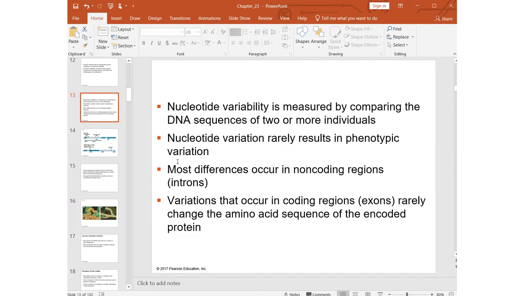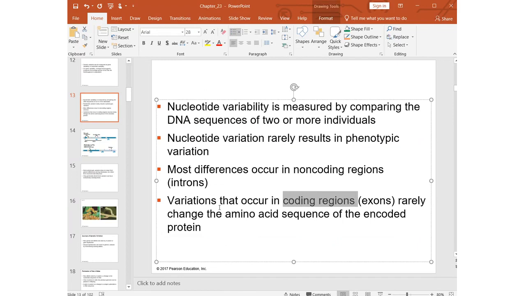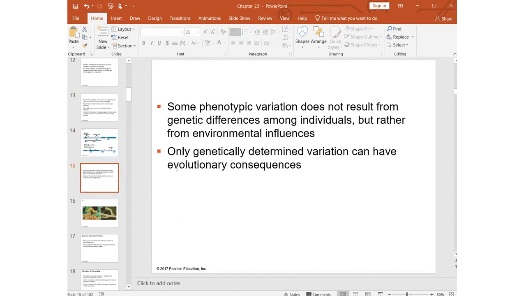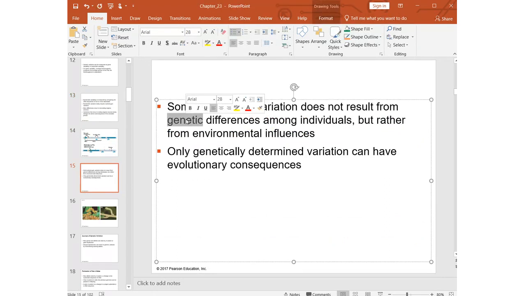So again, variations that occur in coding regions rarely change the amino acid sequence, but it does happen. And here's what we just looked at. Some phenotypic variation does not result from genetic differences among individuals, but rather from environmental factors.